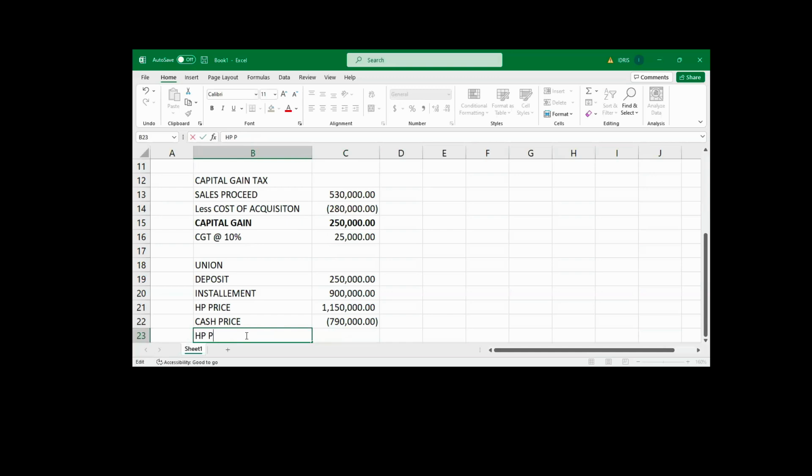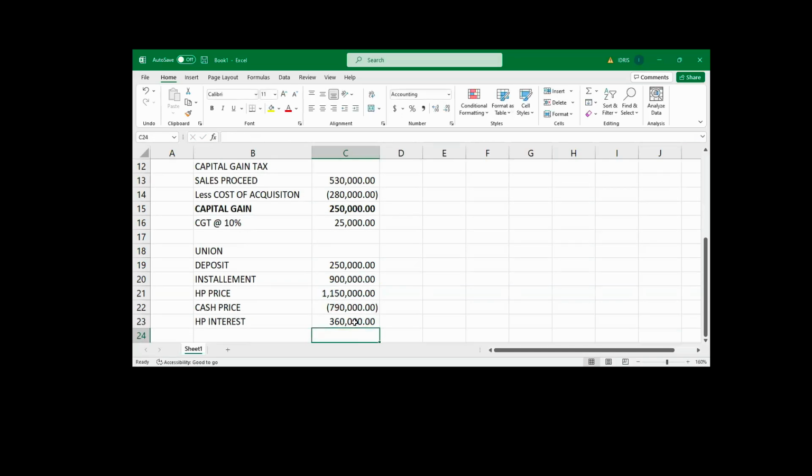We are going to get the hire purchase interest, which is 360,000.